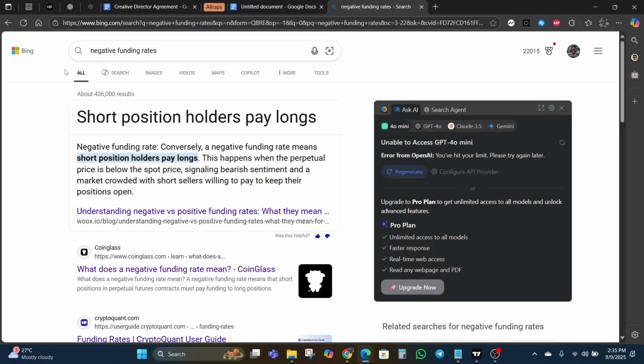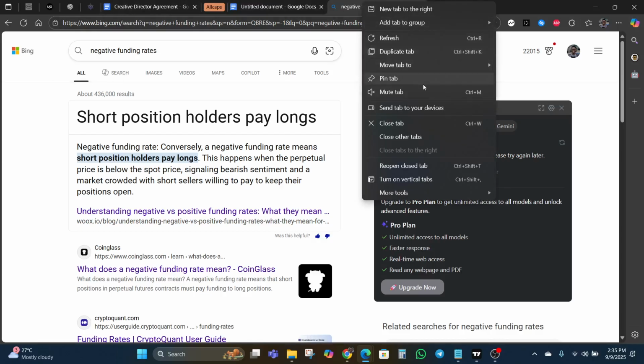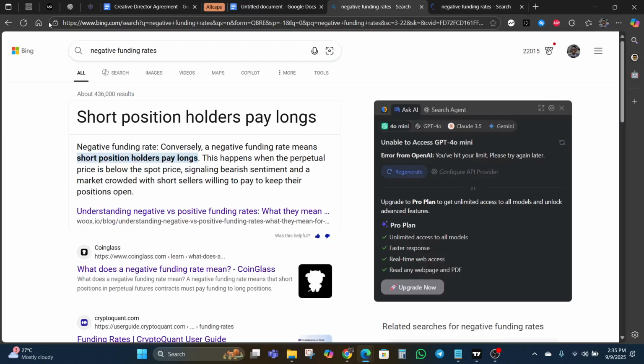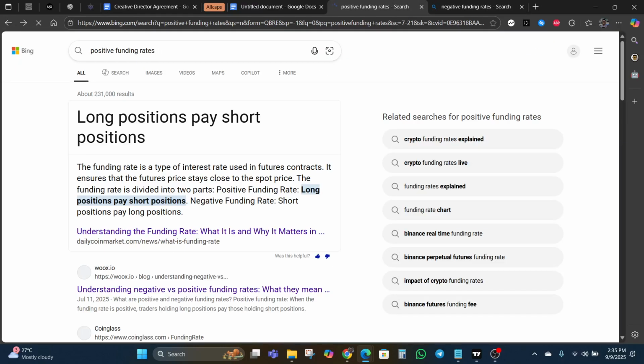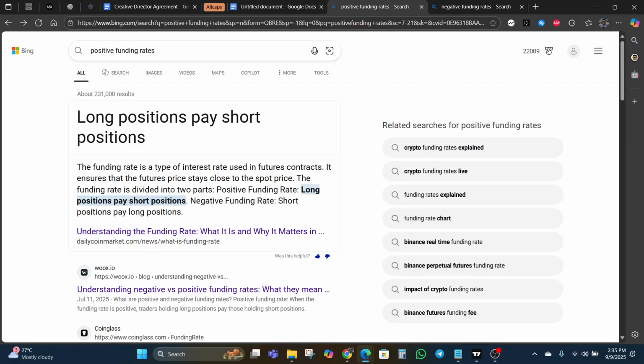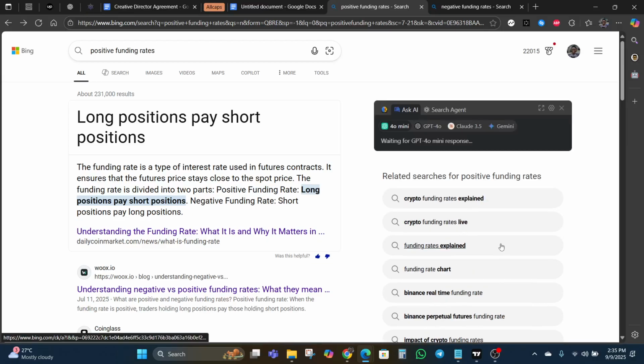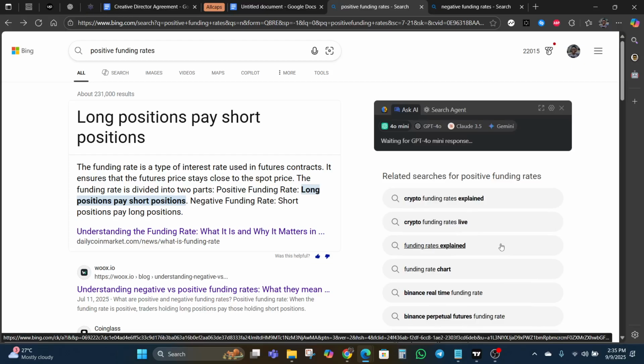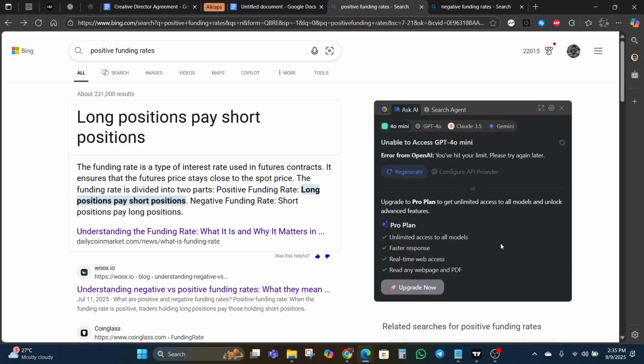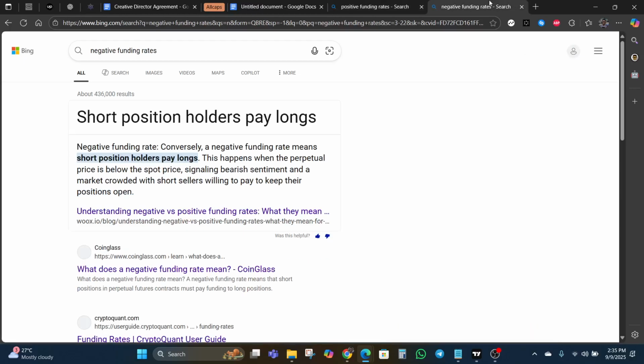So by monitoring funding rates, traders can anticipate short-term pressure and align their trades with broader market trends. It's a powerful tool to understand whether the market is leaning bullish or bearish in the short term.